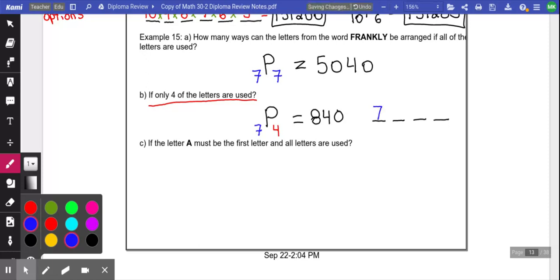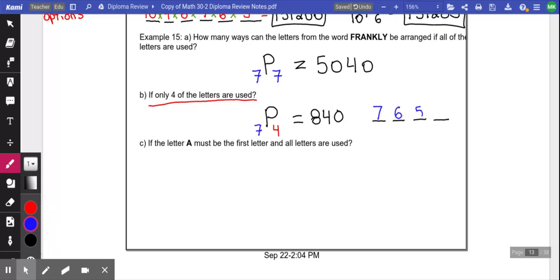In the second spot would be a 6 because one of the letters is gone, and then it's 5, and then it's 4. If you multiply that all together, you get 840. So same answer, different strategy.